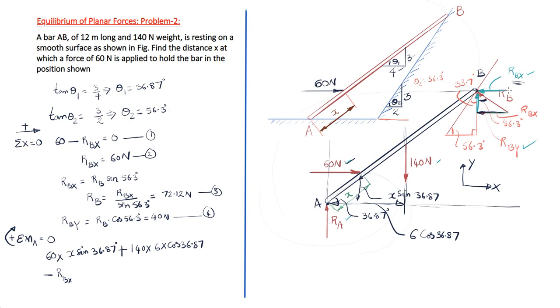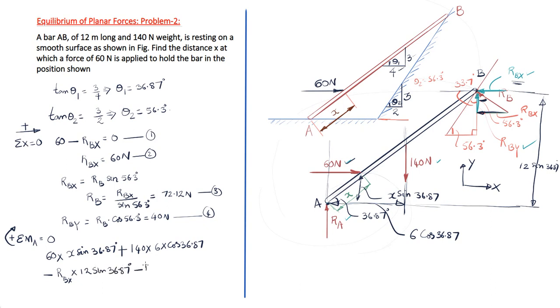This distance here is nothing but, the total length of this bar is 12, and this is the opposite side of the 36.87 degrees angle. So this will be 12 sine 36.87. So RBX multiplied by 12 sine 36.87 degrees.